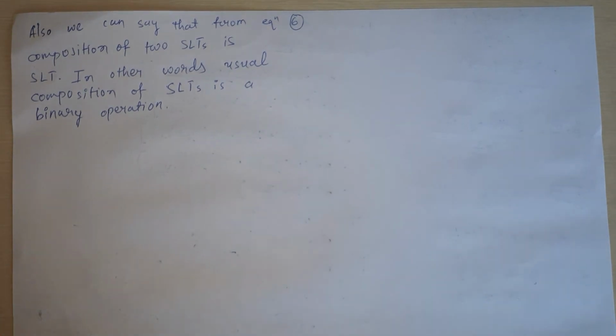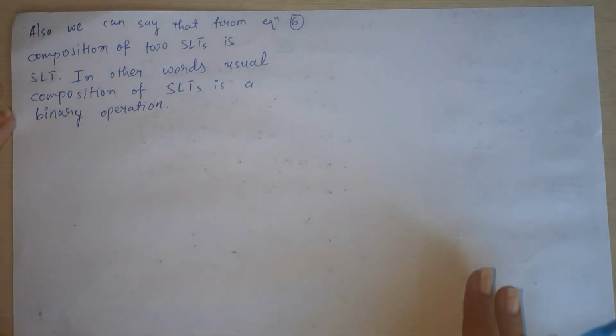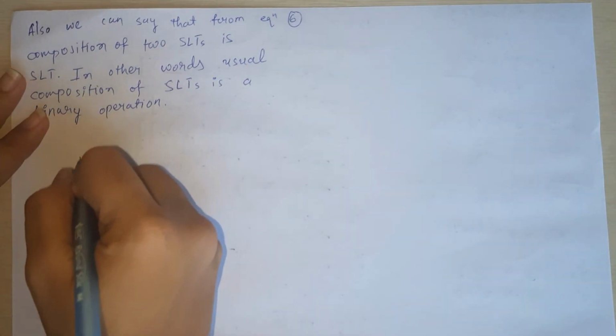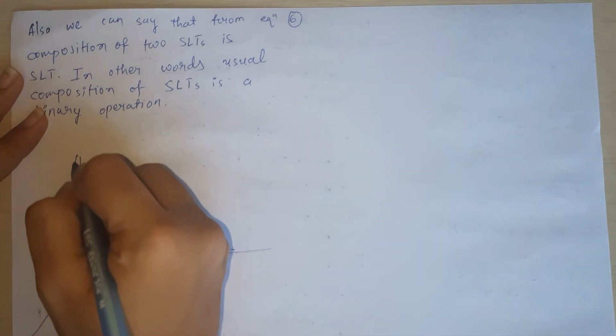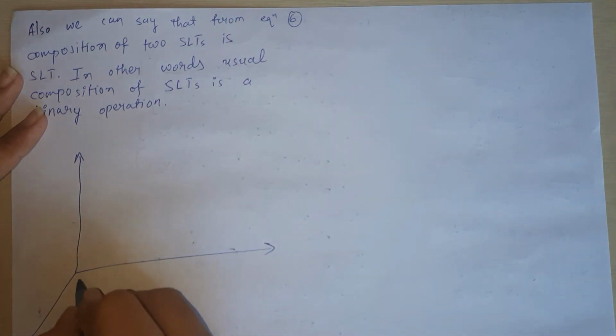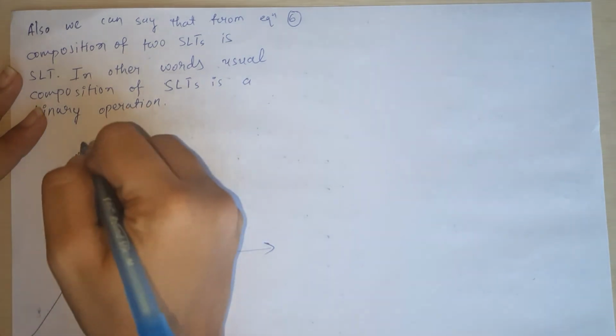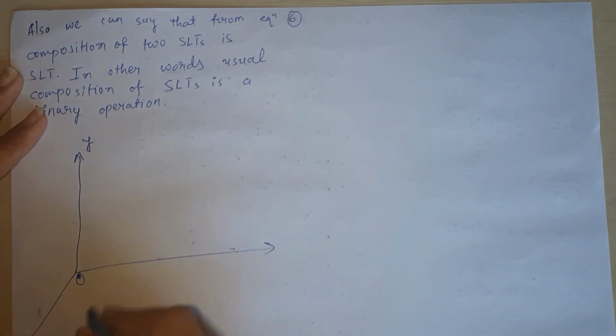Here we have considered all three frames in standard configuration, that is S dash is moving along the positive x direction and S double dash is moving along the positive x dash direction. And if we have a configuration of this kind, that is we have the frames like this. This is the S frame, that is our origin O, Y and Z axis.